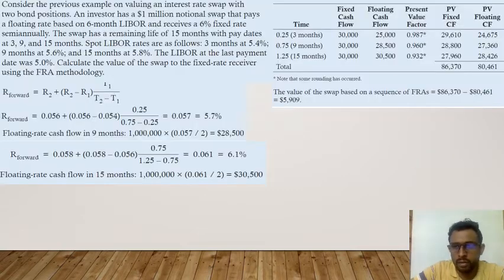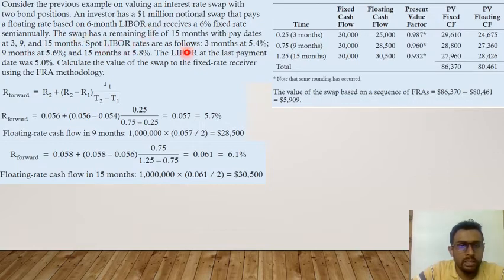We'll take an example. Considering the previous example of valuing an interest rate swap with 2 bond positions, an investor has a 1 million notional swap that pays a floating rate based on 6 months LIBOR and receives a fixed rate. The fixed rate is 6%, with a 15 months swap period.